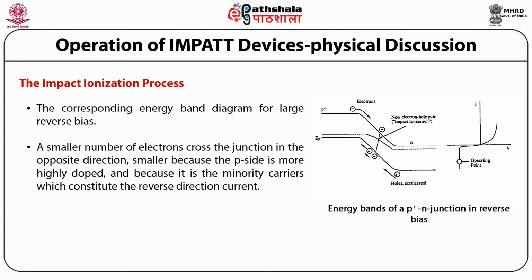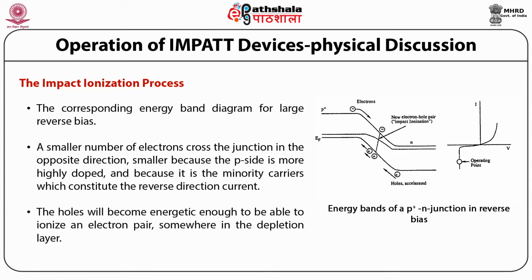A small number of electrons cross the junction in the opposite direction. This number is smaller because the P side is more highly doped, and it is the minority carriers which constitute the reverse direction current.